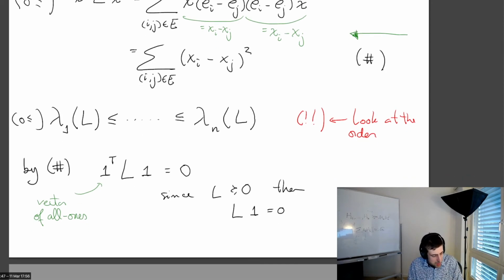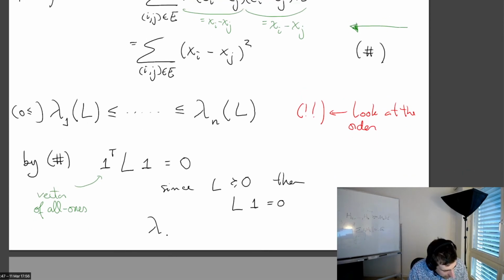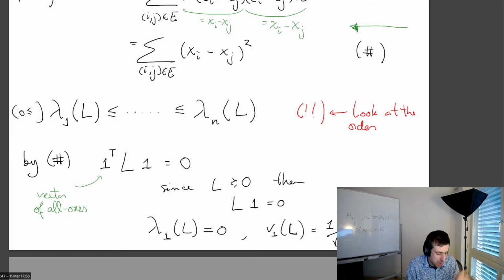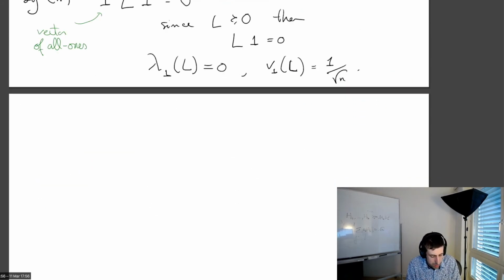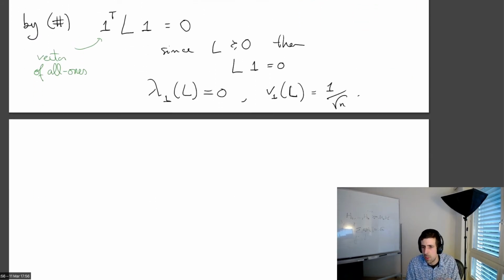This means in particular that lambda 1 of L is 0. So there's one eigenvalue that's very boring. And we even know the first eigenvector: the eigenvector associated with it is the all-ones vector. Maybe let's normalize it, but it's not so important, though usually we think of eigenvectors as having L2 norm 1.